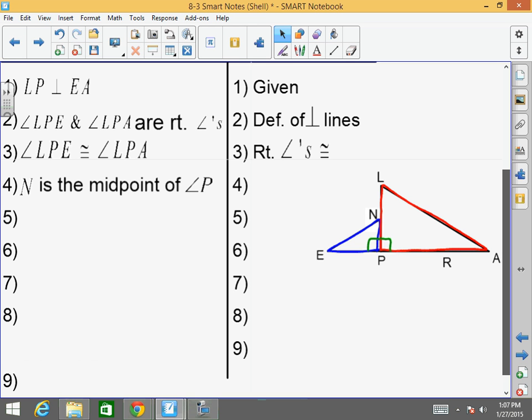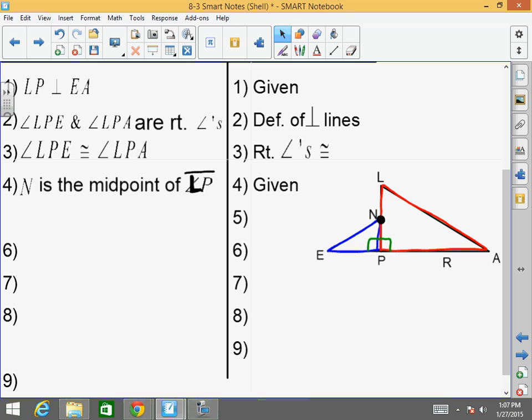I do not think so. What an epic fail. Okay, we're not going to record. Sorry, Mr. Morrow's human too. N is the midpoint of LP. How can it be the midpoint of an angle? Sorry about that. So if N is the midpoint of LP, what does that tell you about LN and NP?